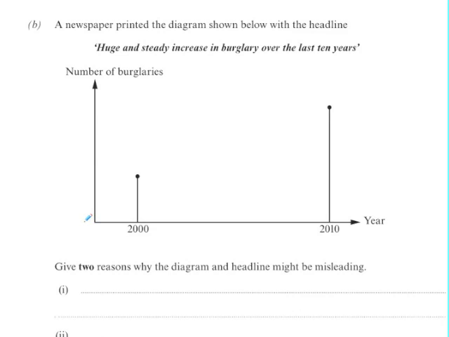Is that starting at 0? Or is it starting at 30, for instance? And this is 32 here, which means there's 31 crimes committed there, and just 1 more here, so that's an increase of 1 crime over 10 years.